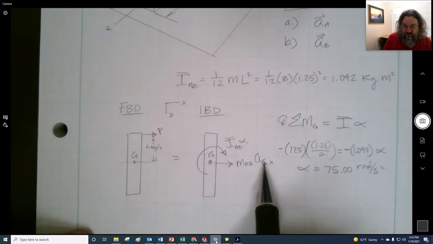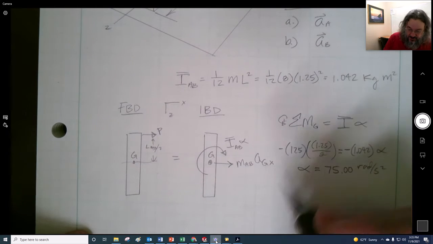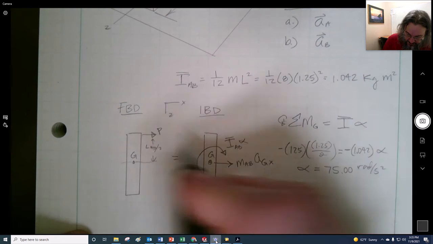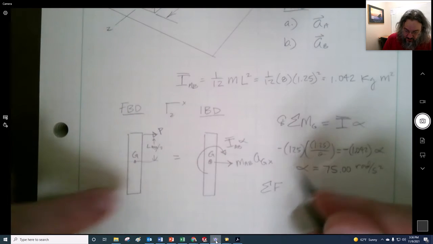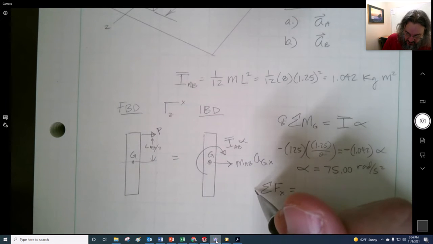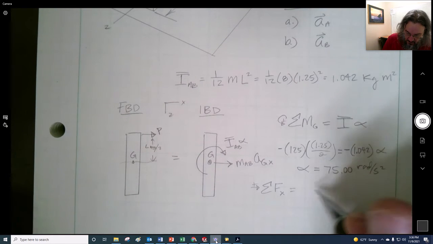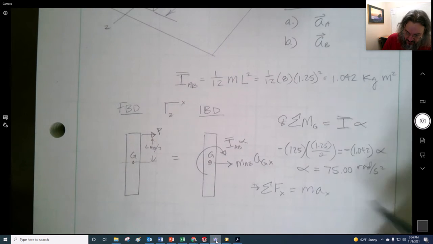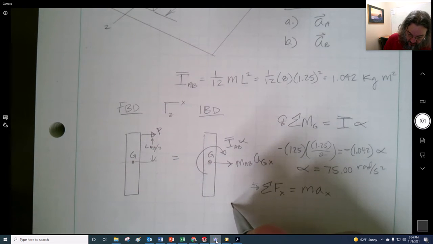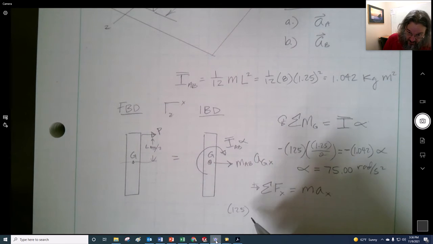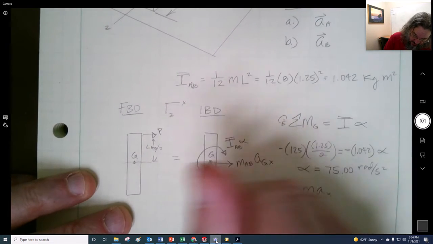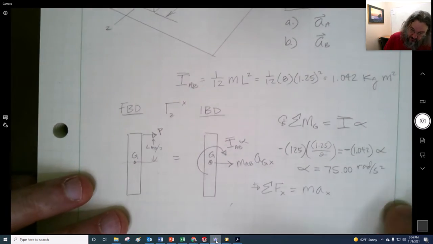Now I can also find the acceleration, because I can take the sum of the forces, since we can treat it like a particle when it comes to the translation part. The sum of the forces in the x direction is equal to mass times acceleration in the x direction. I could have moved this over to the side.